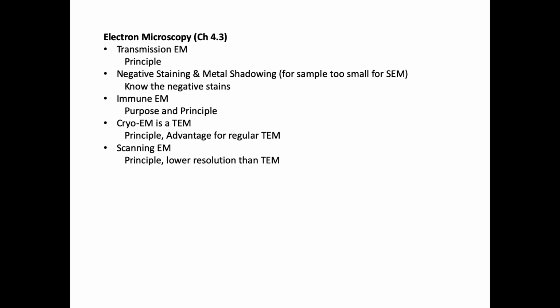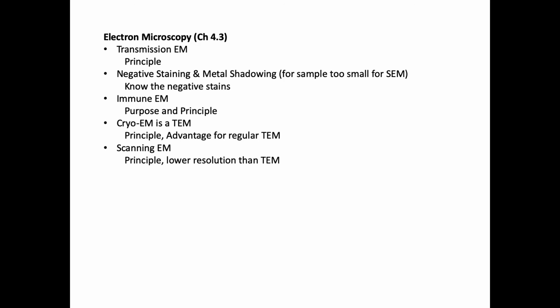Now, why do you do the metal shadowing and what are the problems for this? The metal shadowing gives you a three-dimensional image. The question was why you cannot do that with the ACM. Remember that the scanning electron microscope actually has a considerably lower resolution compared to the transmission electron microscope. This is just for your understanding.